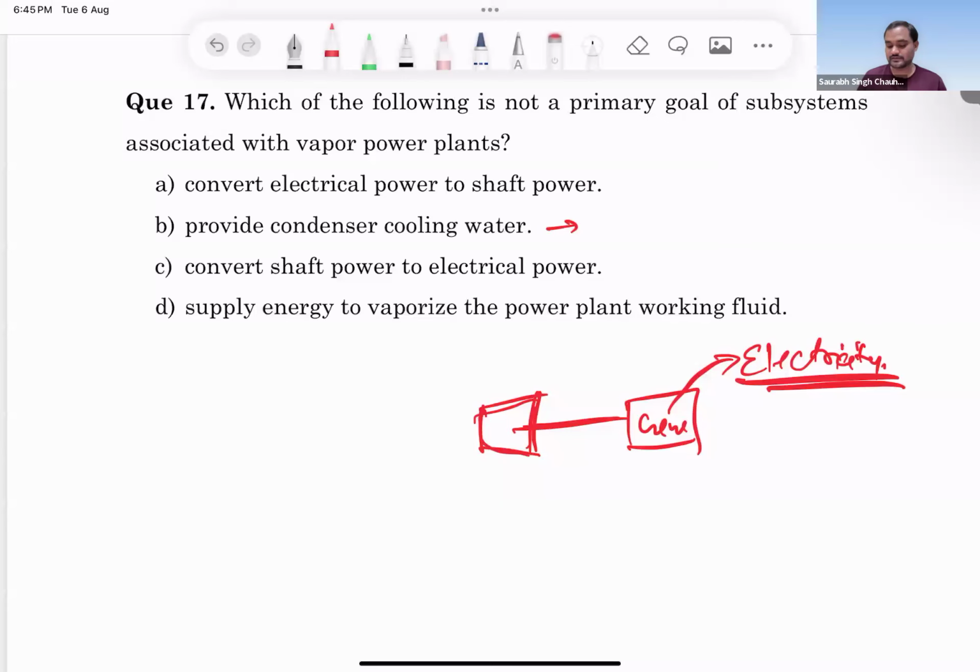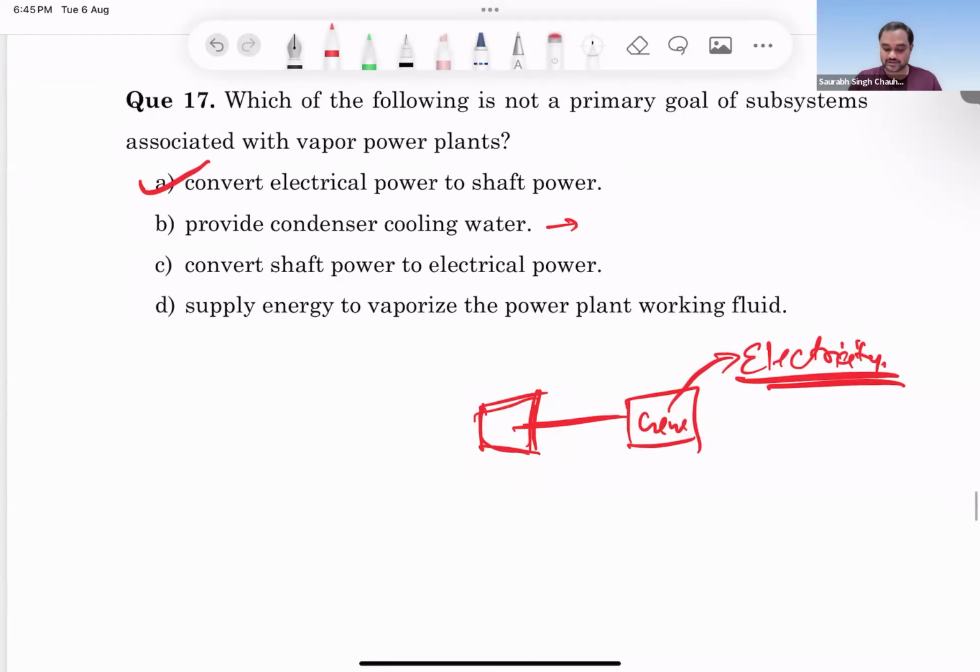You can run a fan, you can run a cooler, or whatever you want to run using electrical power. So part A is not a primary goal. So question 17, I hope it is clear.